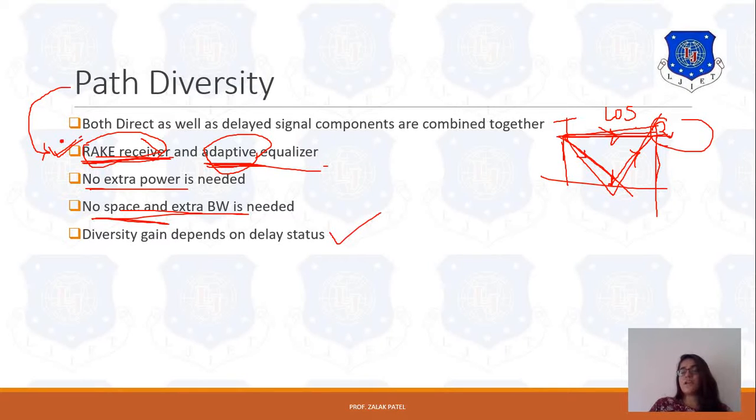If we take this path, then the delay is very less, but if we take this path, then the delay is more, and if the delay is more, then it affects the coherence time, and if the coherence time is affected, then it depends on the fading mechanism, like slow fading and fast fading will occur. So this should be taken into consideration for path diversity regarding the delay status. It is also sensitive to Rayleigh fading conditions. So these are the path diversity techniques.